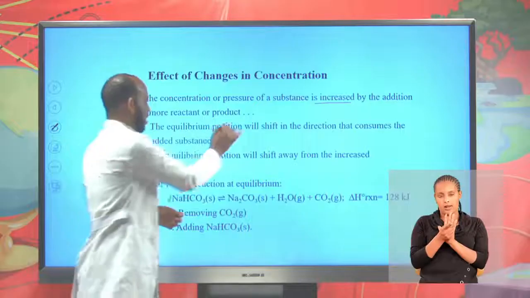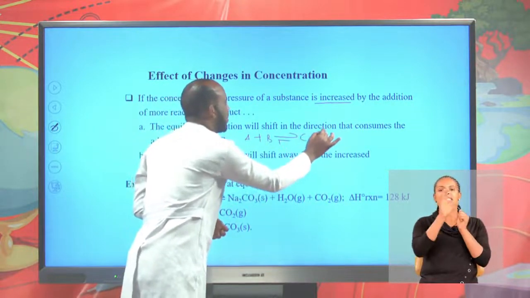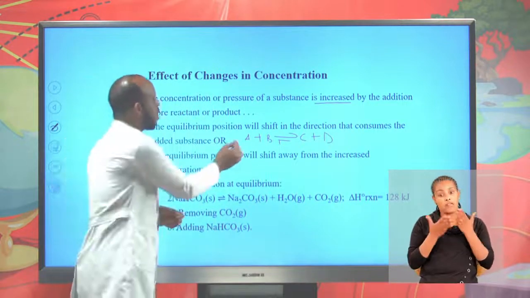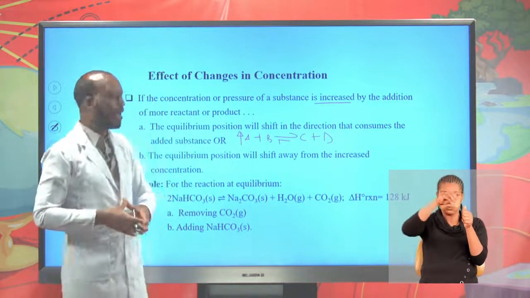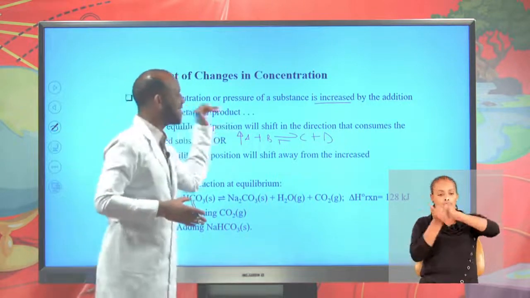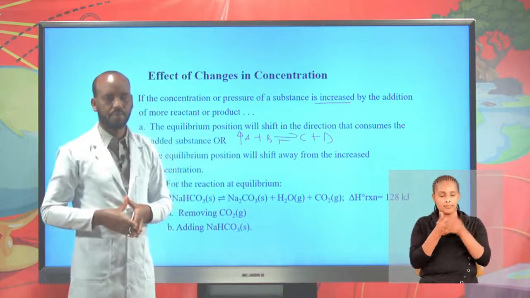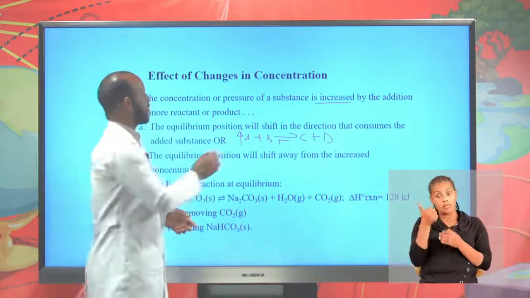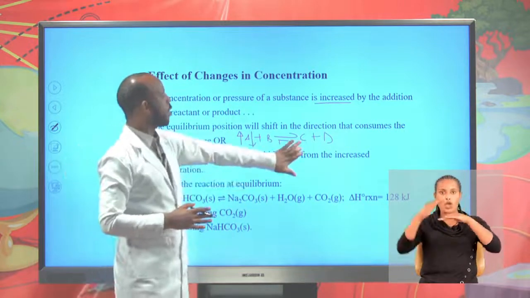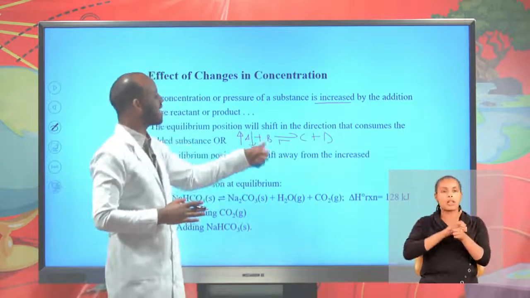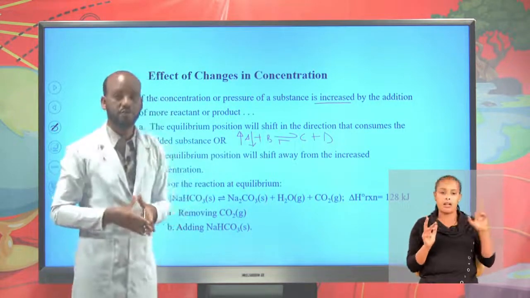For example, A plus B in equilibrium with C plus D. If concentration of A is increased, then equilibrium will shift in the direction that consumes A. On the other hand, if concentration of A is decreased, then equilibrium will shift in the direction that replenishes the removed reactant, the removed substance.